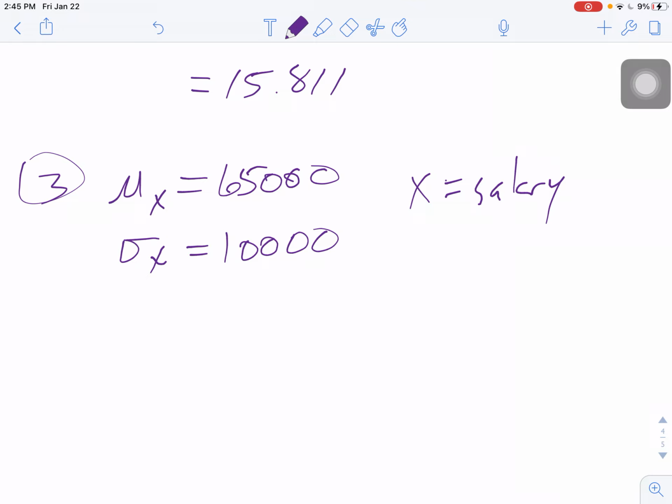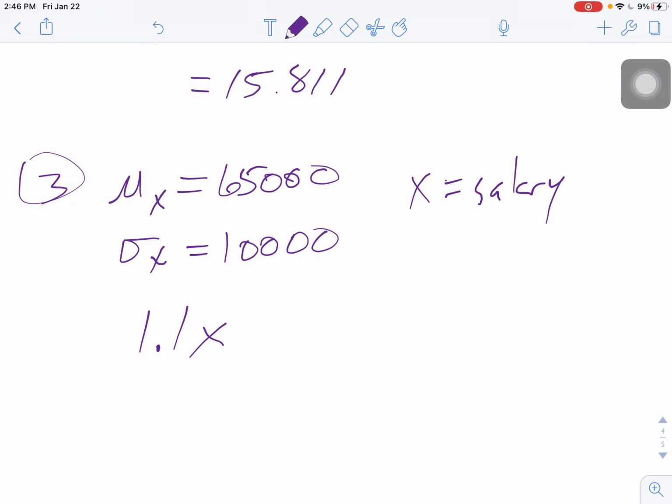I'm going to start by looking at the incentive bonus. The incentive bonus is a 10% bonus, so we need to increase X by 10%. The way we do that is we multiply it by 1.1. 100% would be the regular salary. If I want to increase it by 10%, I would add 0.1, so it would end up being 110%, or 1.1 as a decimal.